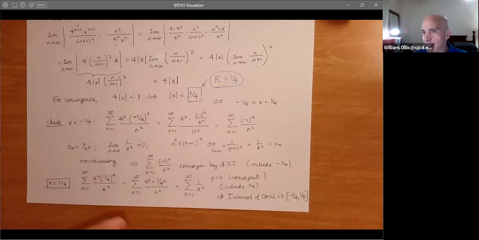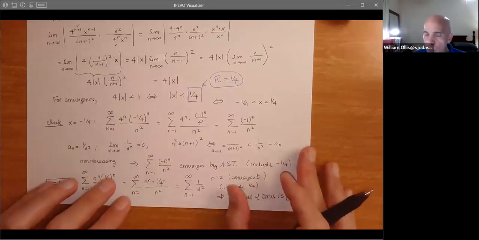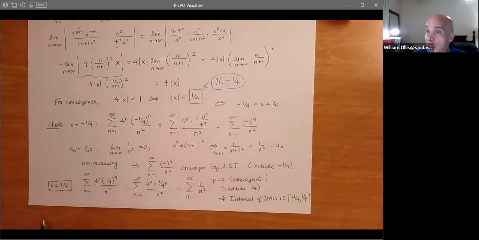So again, what's important, and of course we would like it if all of our power series just converged everywhere, but that's asking too much. So when we start to generate a list of famous or useful power series, we'll go ahead and figure out what the interval of convergence is and list that in the table and have it as a reference, just like an integral table. So having a list of derivatives or a list of integrals, a list of famous limits, like the interesting limits that I gave you, that list of 6 that turn out to be very useful.